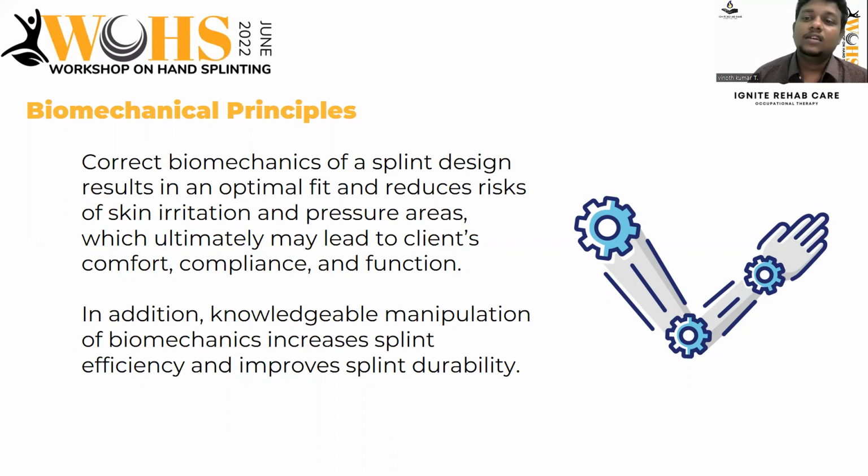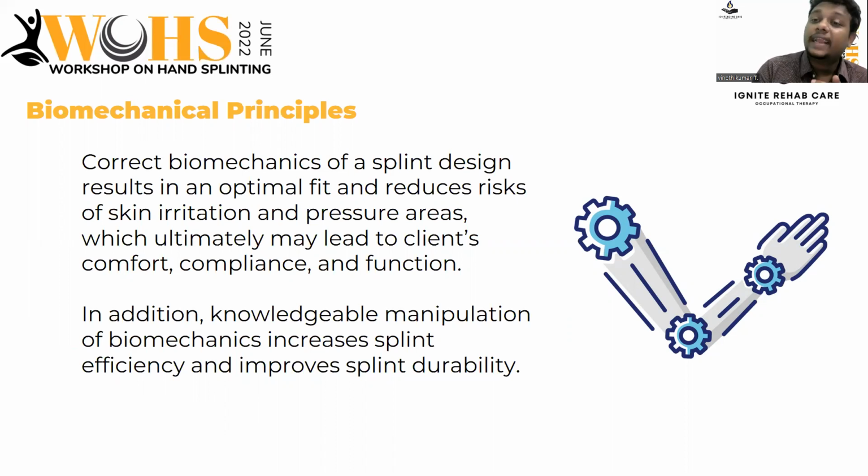So basically, if you can include the proper biomechanics in your splint, it is a must factor in our type of splints compared to orthotists and technicians. But we are therapists, we're supposed to be caring for the patient, because if a wound arises, it will come on us because we are making the splint.